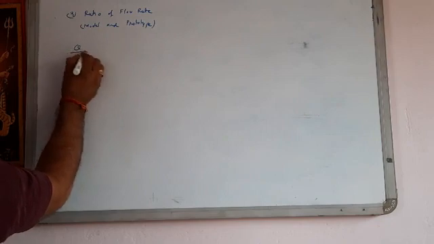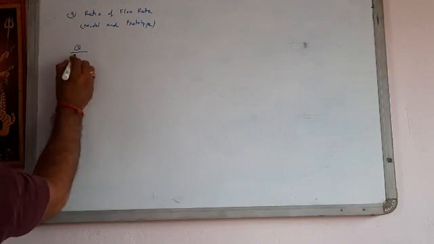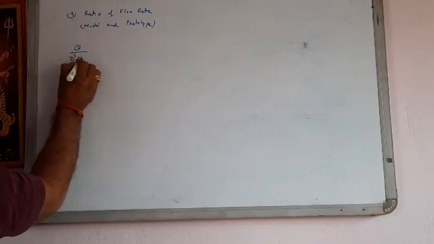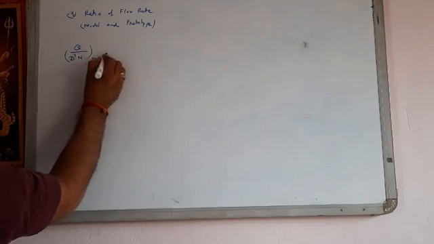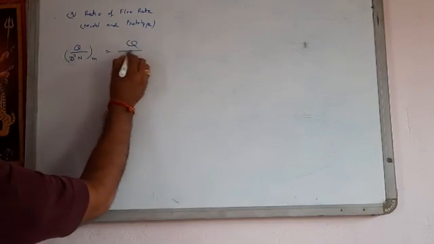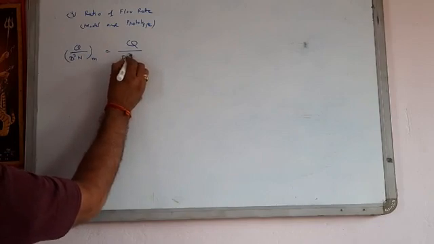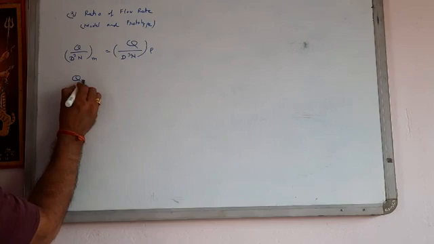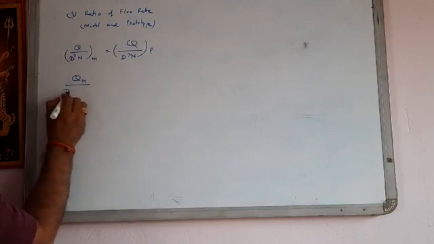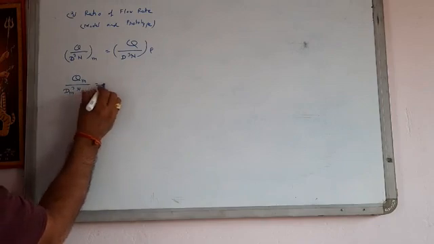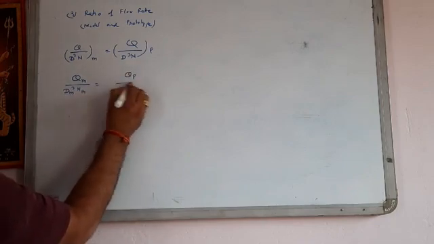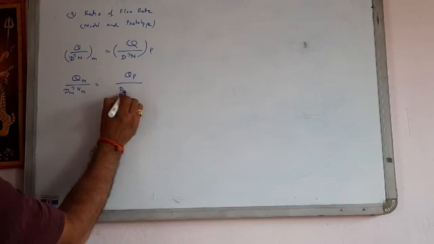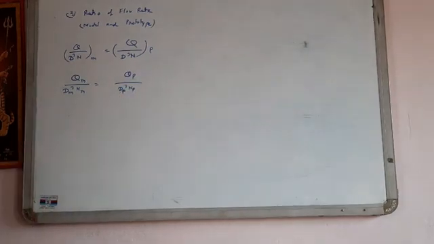That is Q by DN cube of model equal to Q by DN cube of prototype, that is Qm by Dm cube Nm equal to Qp by Dp cube Np.